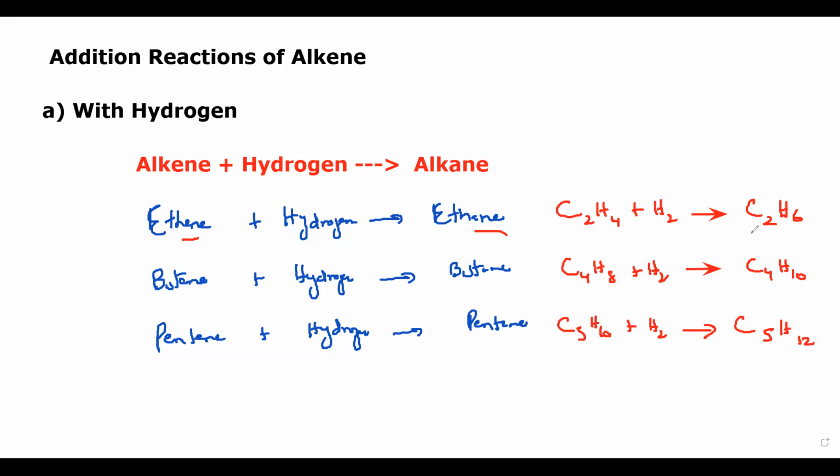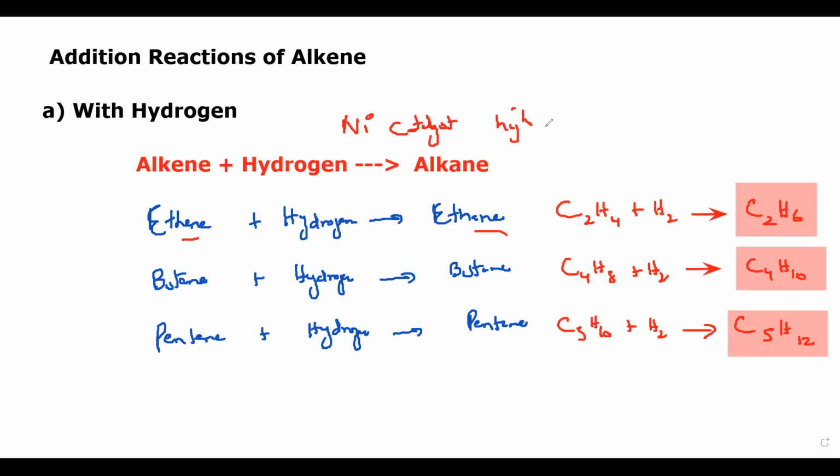So when an alkene plus hydrogen gives an alkane, it is an addition reaction. Why is it called an addition reaction? Whenever small molecules combine together, they form only one large molecule. That's why we call this an addition reaction. And you have to learn the reaction conditions. For this reaction, we use nickel as a catalyst and a high temperature.